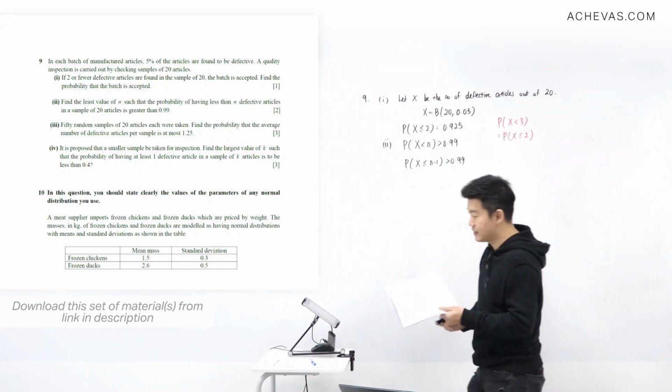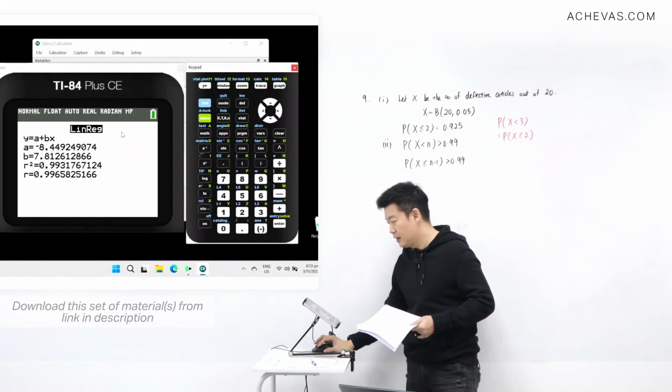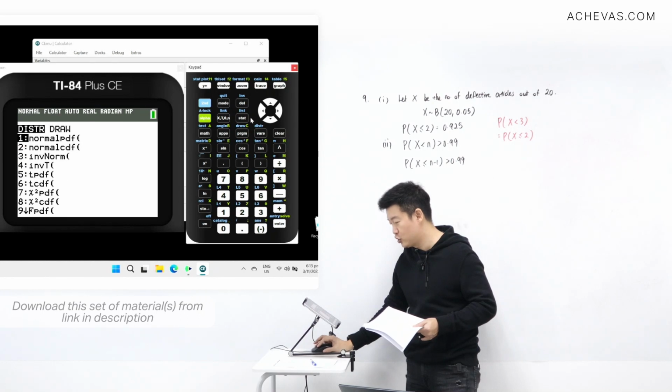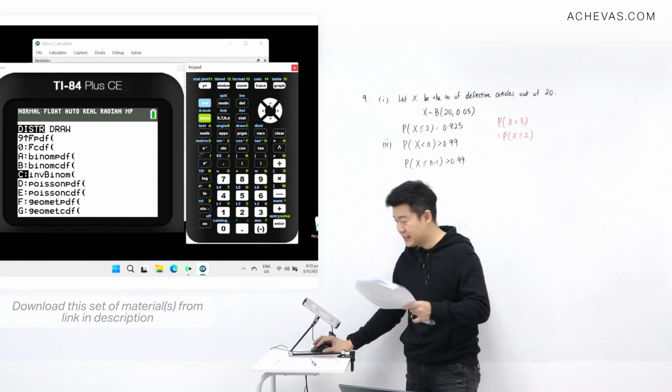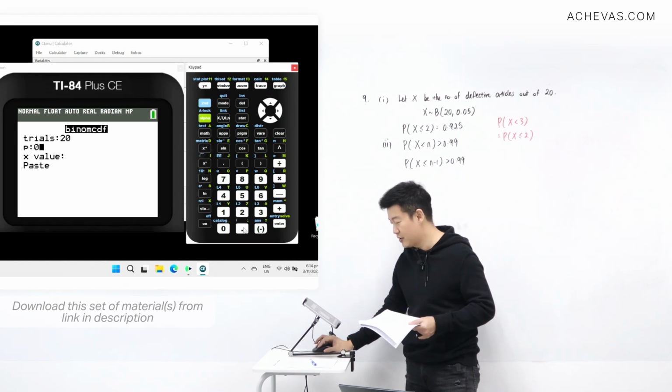And we're going to press this into our calculator, into y1. We trigger binomial distribution, and go for binomial CDF, the binomial cumulative distribution function. The number of trials here is 20. The probability of success is 5%, so 0.05.